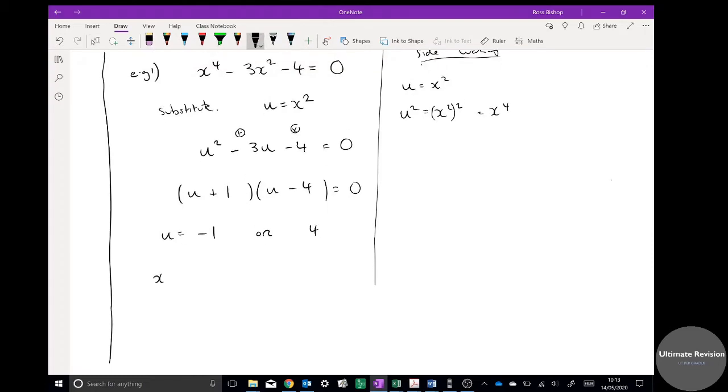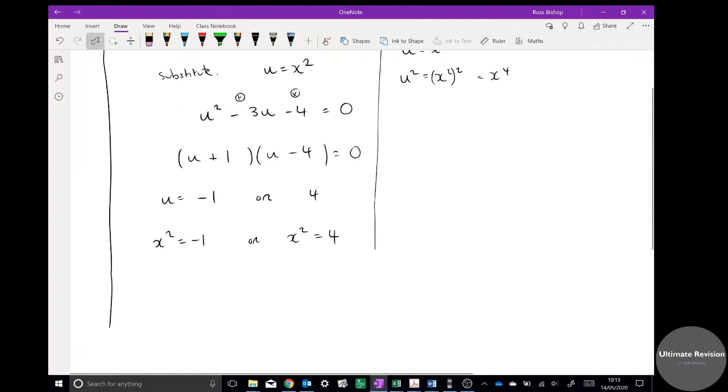So x squared must equal minus 1, or x squared equals 4. We can't square root a negative, so there are no real solutions for that one. But over this side, if I square root both sides, x is going to equal 2 or negative 2. And that will be my answer.